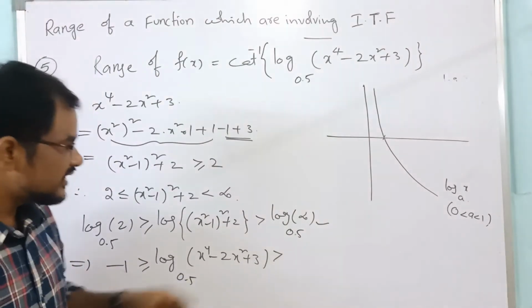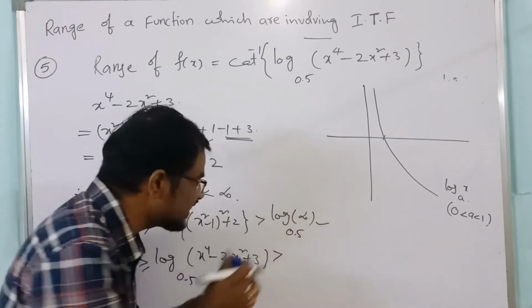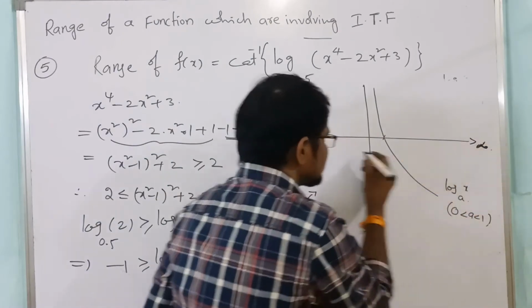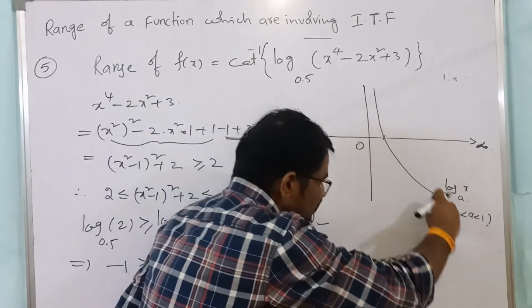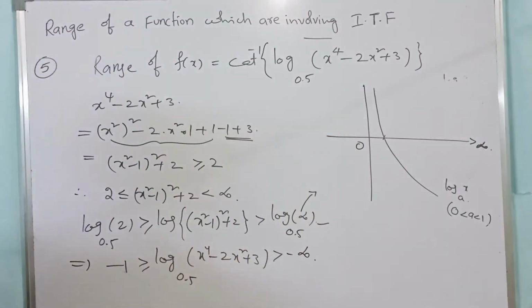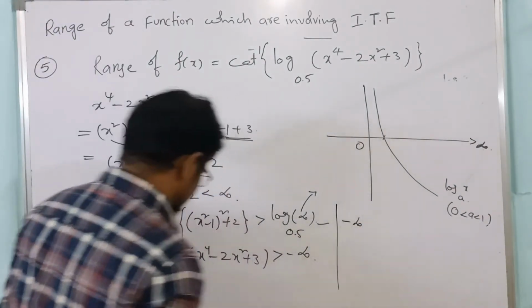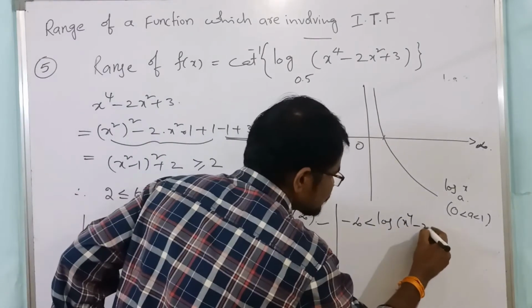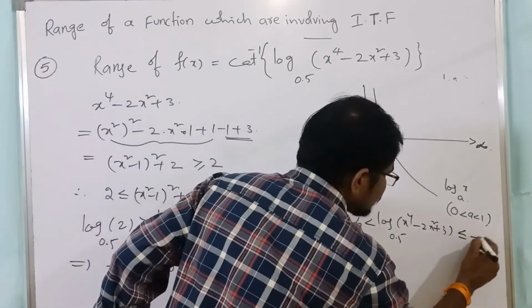Whenever x approaches infinity, log of x to the base 0.5 approaches minus infinity. So that's why here we will get minus infinity. That implies minus infinity is less than log of x to the power of 4 minus 2x square plus 3 to the base 0.5, which is less than or equal to minus 1.